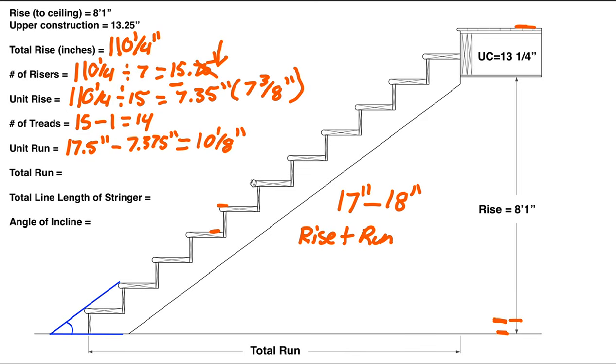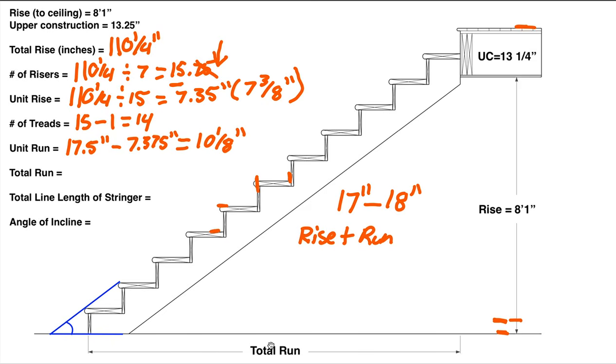Okay, so every single run, not including the nosing, is 10 1/8. So again, that does not include the projection of that little round over nose. That's going to just be our unit run, 10 1/8.